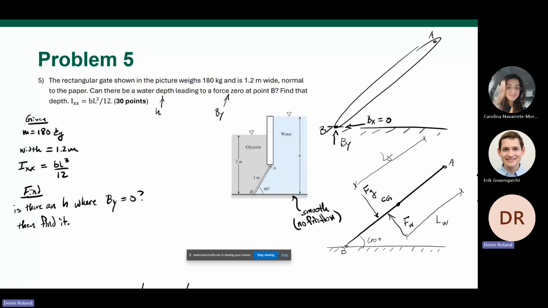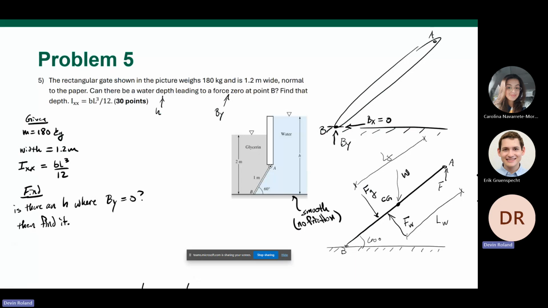Yeah, so that kind of shows you the idea here. We also have the weight of this thing, W, that acts at the center of gravity. That's most of our forces that are going to matter. It's worth noting that we're going to have reaction forces at A because of that hinge.